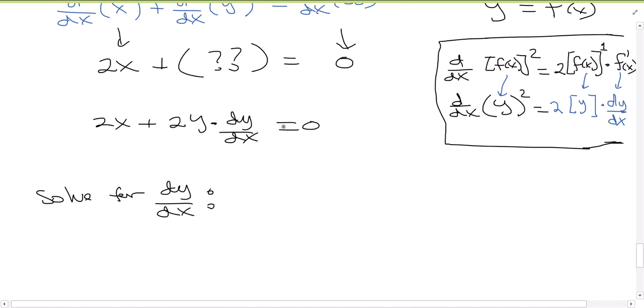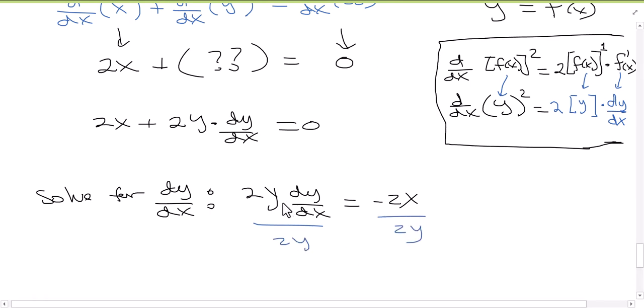So subtract the 2x. I'm going to have 2y times dy/dx is equal to negative 2x, and then get dy/dx by itself, so divide both sides by 2y. Why dividing? Because these are being multiplied. So my 2y's cancel, and I'm left with dy/dx, which is what we want, our derivative, equals negative, the 2's will cancel here, x over y.